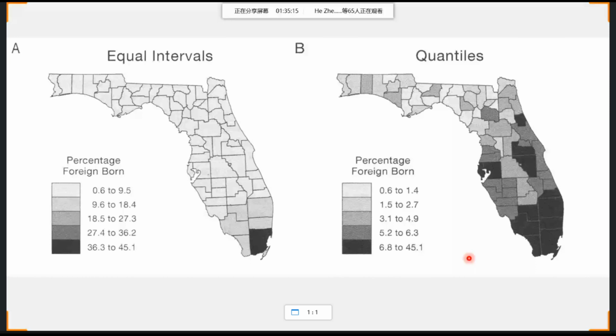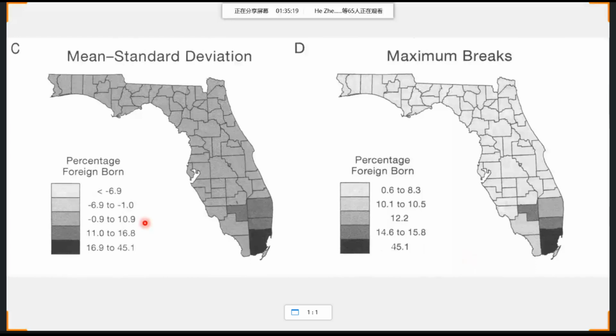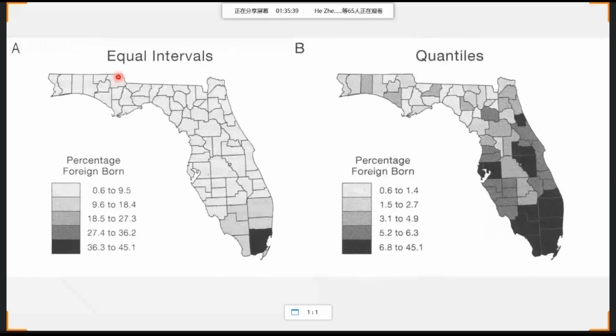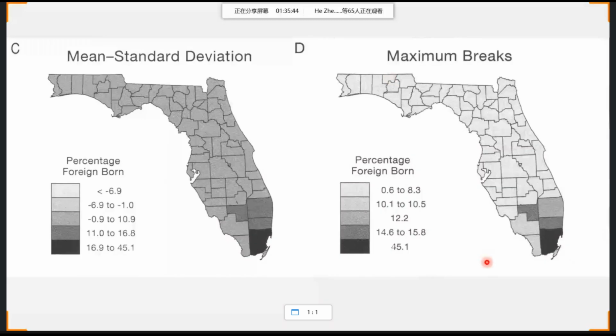Now, mean standard deviation, we cannot really compare here because it's the wrong method for this kind of data. With maximum breaks, we have in part the same problem as we have with the equal interval. In fact, the maps of A and D are a bit similar, as there are so many counties with the same value.